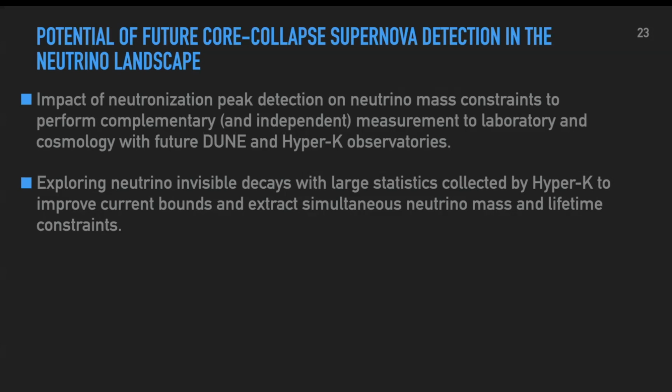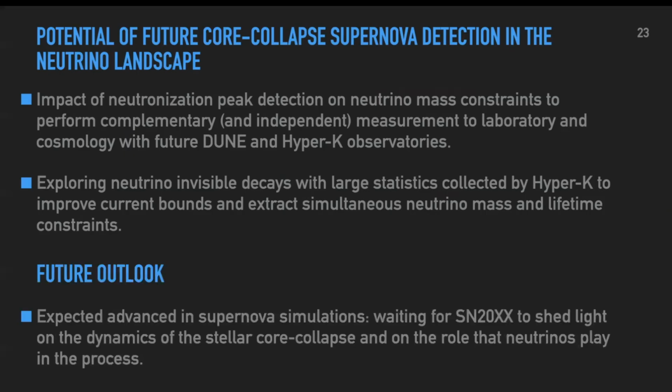This detection constitutes a complementary and, let's say again, model independent measurement to laboratory and cosmology results. And again, exploring the neutrino invisible decays with large statistics collected by Hyper-K or also future supernova neutrino detectors could of course improve current bounds and maybe open the possibility to extract simultaneously bounds on both neutrino mass and lifetimes.